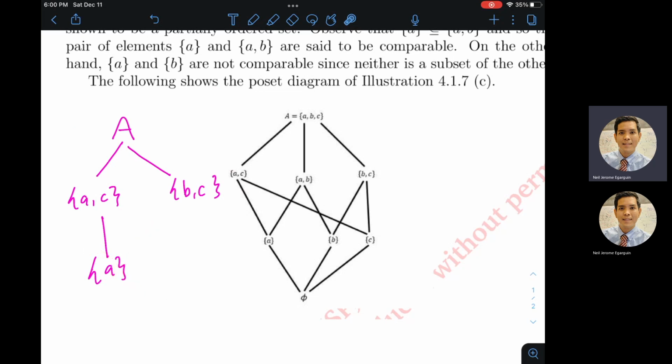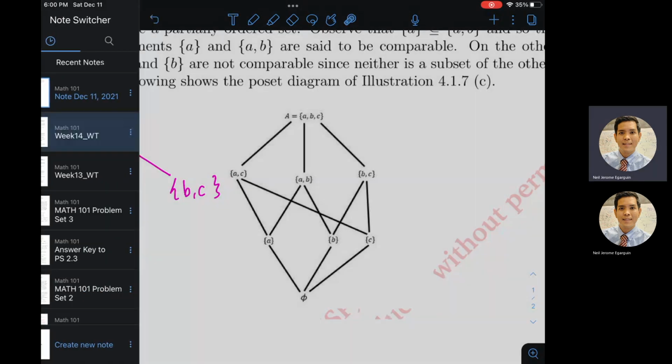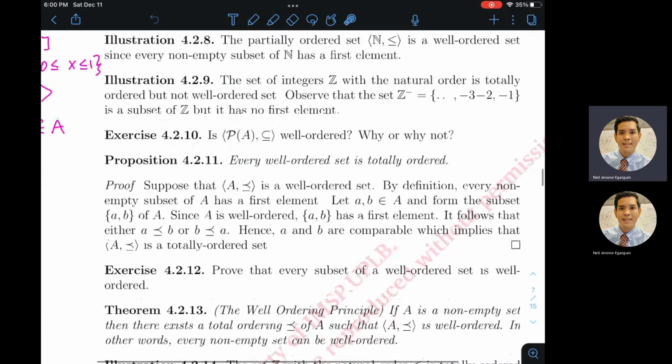This guy will not serve as the first element. Kasi nga, hindi naman siya comparable dito. Right? So that means we have found a subset of the power set of A that will not have a first element. So that means the poset consisting of the power set of A and set inclusion is not well ordered.